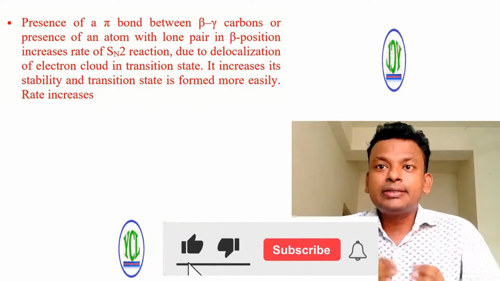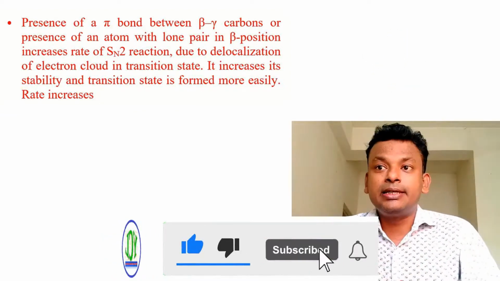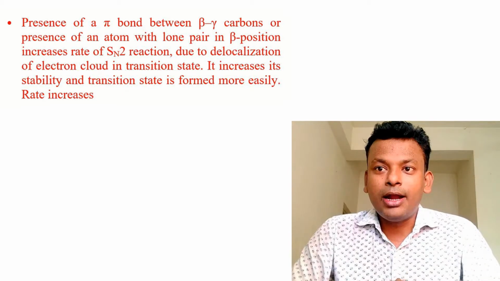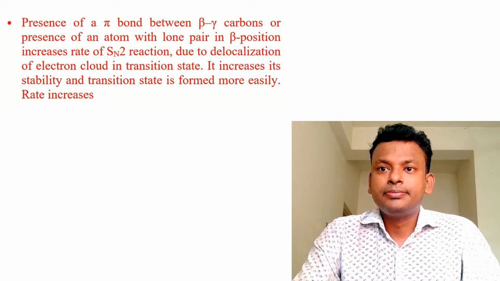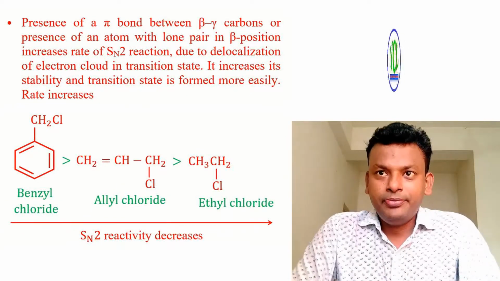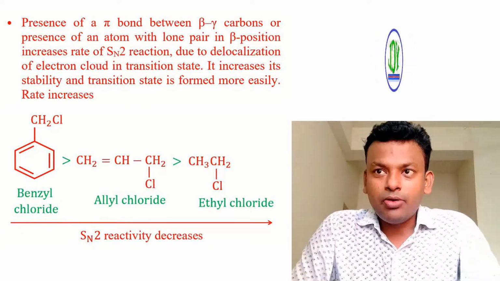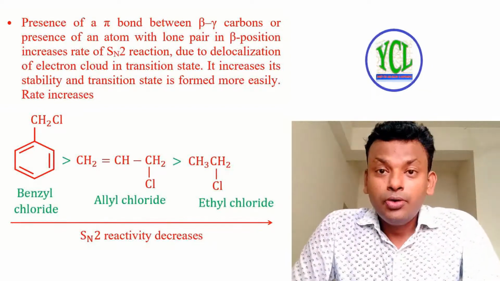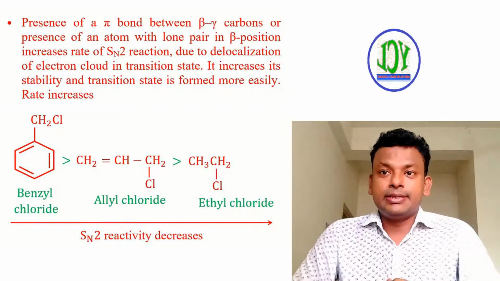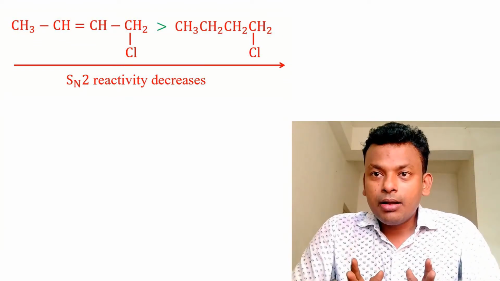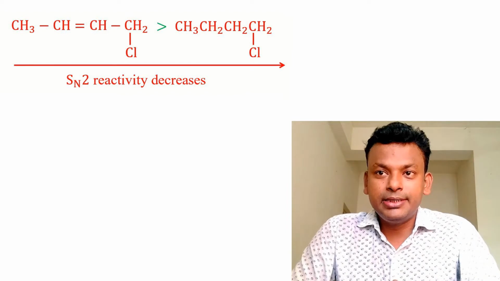It increases its stability and the transition state is formed more easily, so the rate increases, and the order is: first benzyl chloride is most reactive, next allyl chloride, next ethyl chloride. SN2 reactivity decreases. And in the second example, SN2 reactivity also decreases.